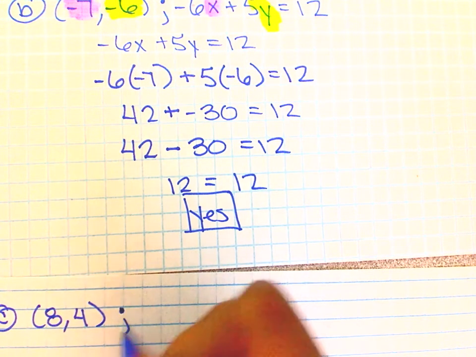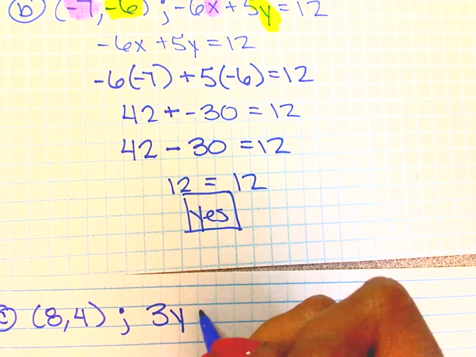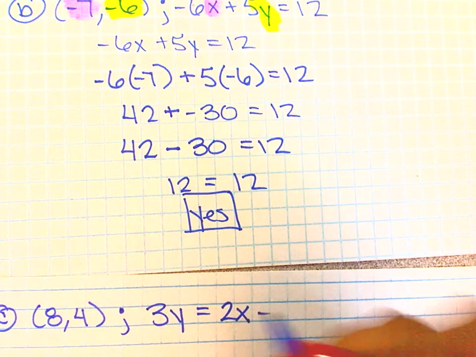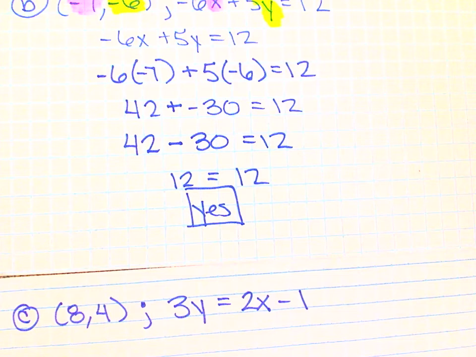We can write the next one down as 8, 4, and then the equation is 3y equals 2x minus 1. Now I'm going to let you try this one. Let's write it down, please.